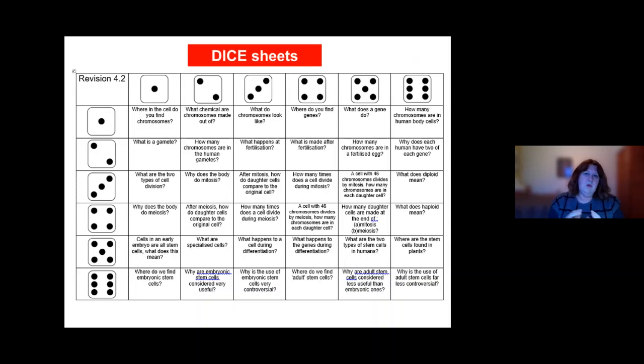I will just leave you with something that my students find really useful, because what we've done is produce these dice sheets. When you're struggling for somebody to help you with your revision, you can use these to help you recall the facts. So for instance, you could have somebody who's got this sheet saying to you, where in the cell do you find chromosomes? That's 1 across, 1 down.